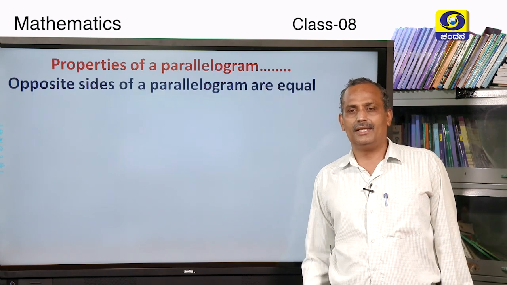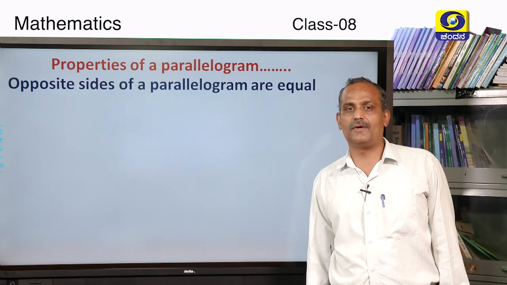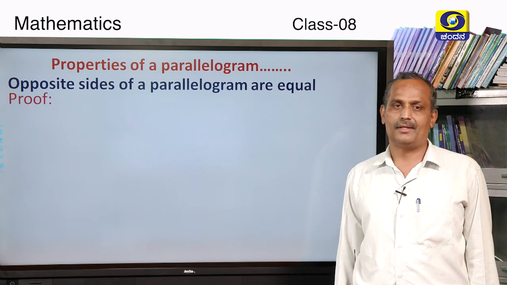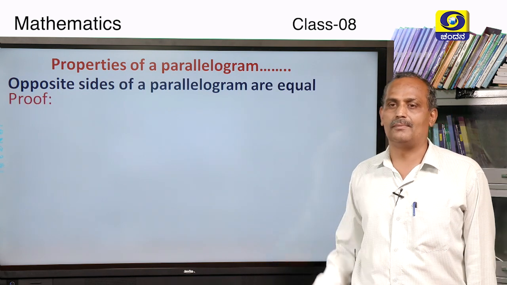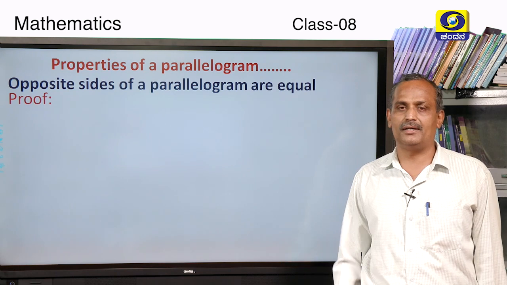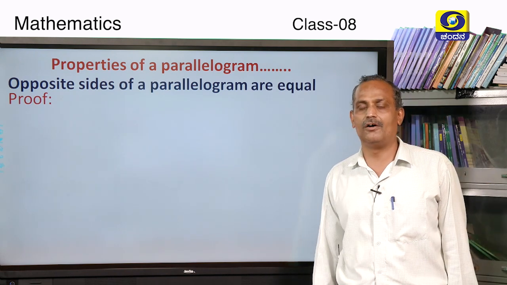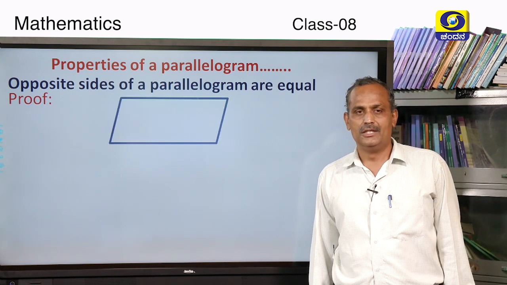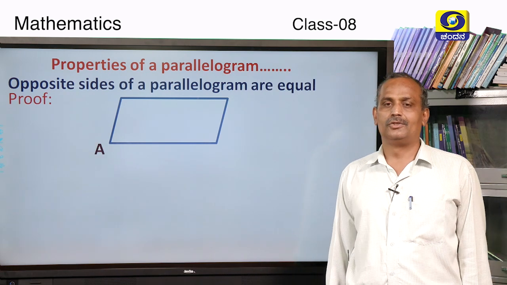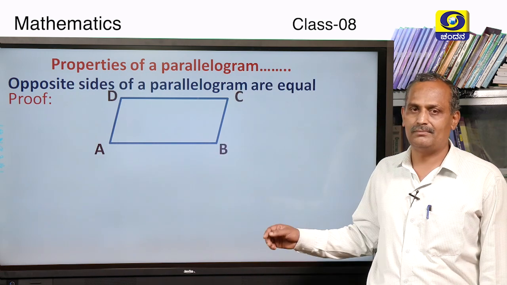Now, let us discuss some of the properties of a parallelogram. Opposite sides of a parallelogram are equal. So, this is a kind of property of a parallelogram. Let us prove it. ABCD is a parallelogram.